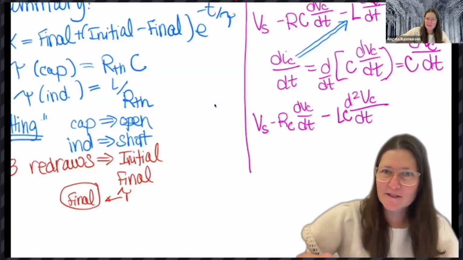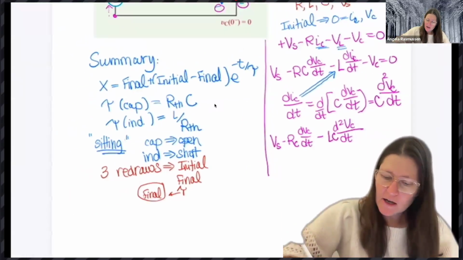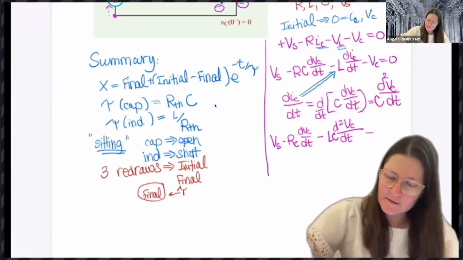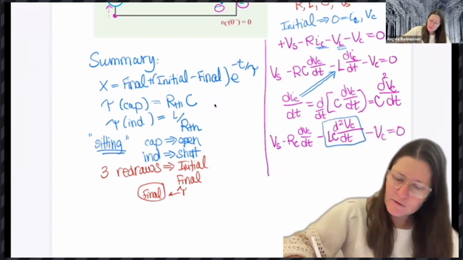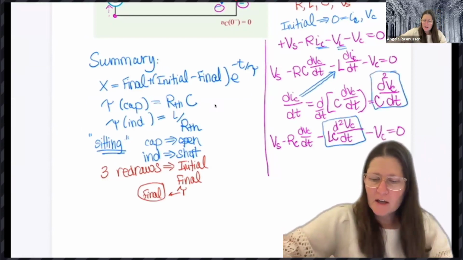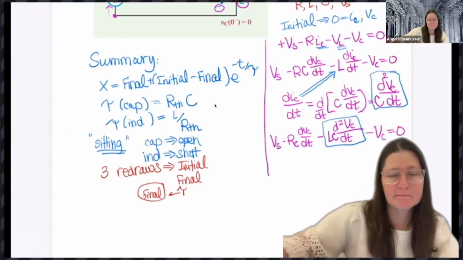And then minus VC equals 0. So I just use this term for dIC/dt. So now it's a second order equation in terms of VC.